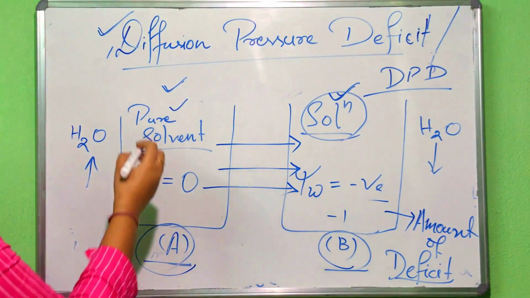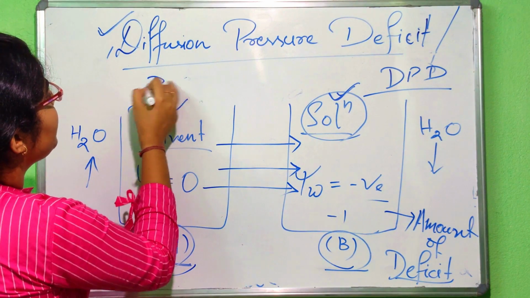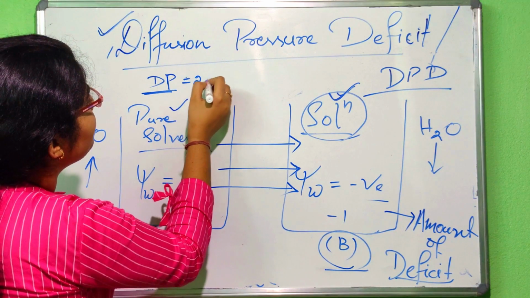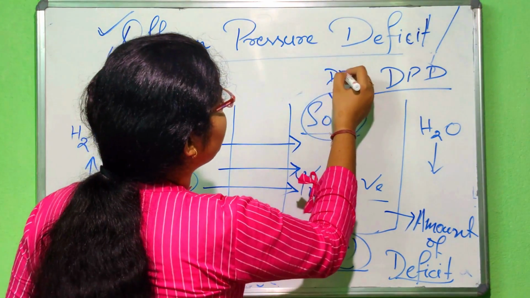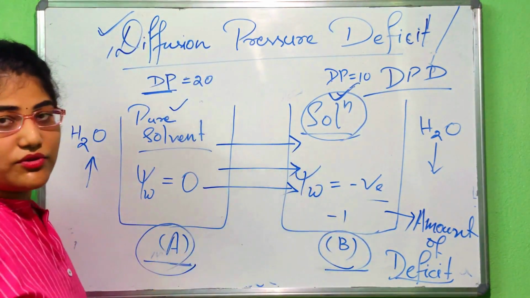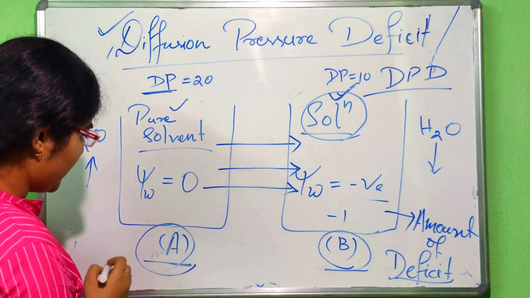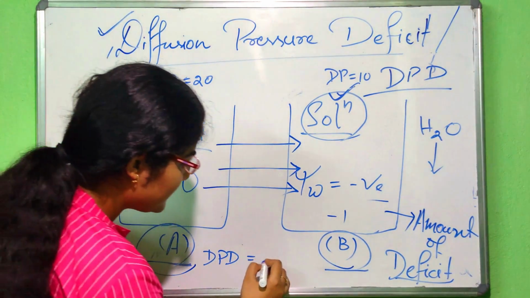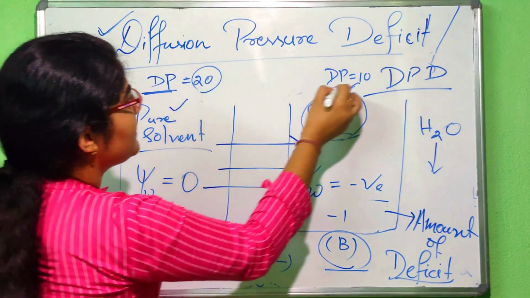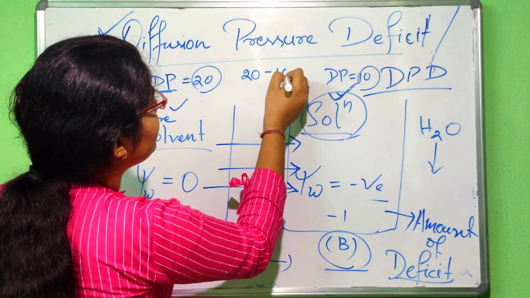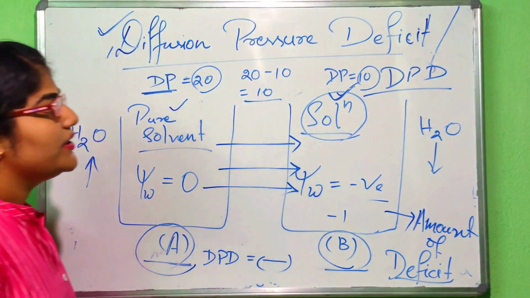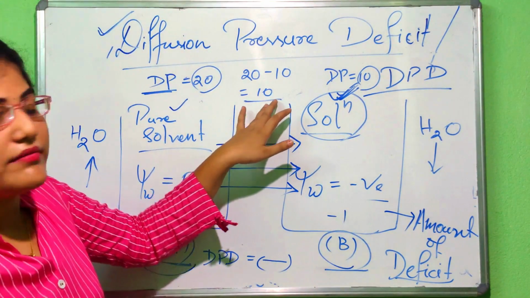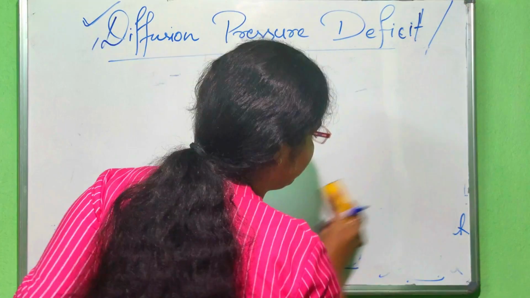Another example: if the diffusion pressure of the pure solvent is equal to 20 and here the diffusion pressure is equal to 10, supposed, then DPD is equal to the difference. So 20 minus 10 is equal to 10. So the diffusion pressure deficit of this solution is calculated as 10. Okay, clear?